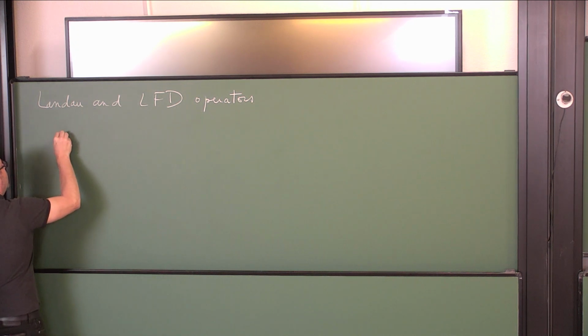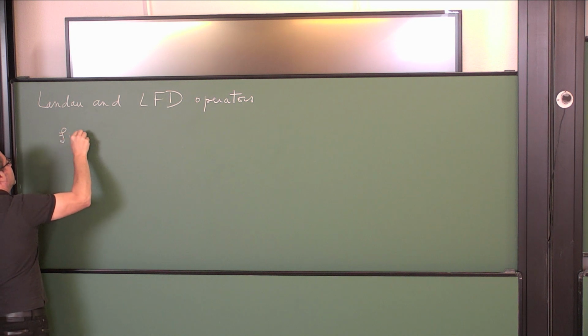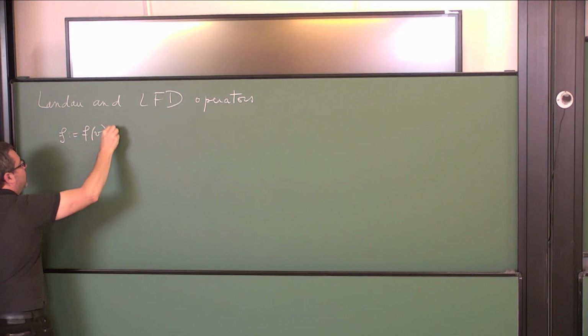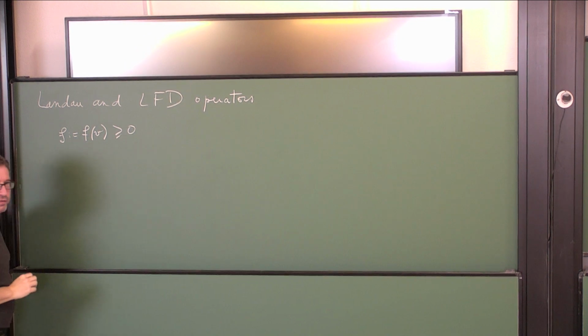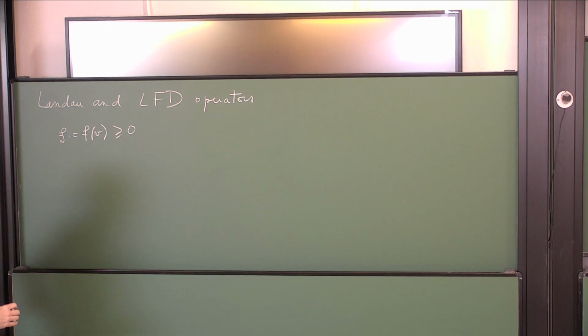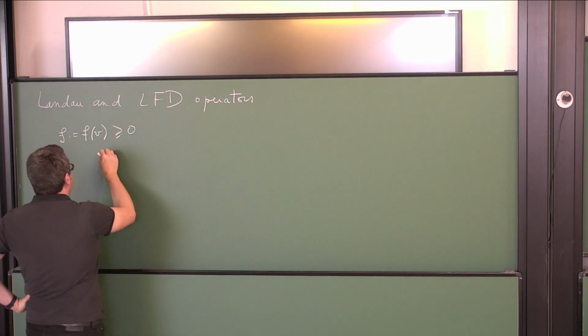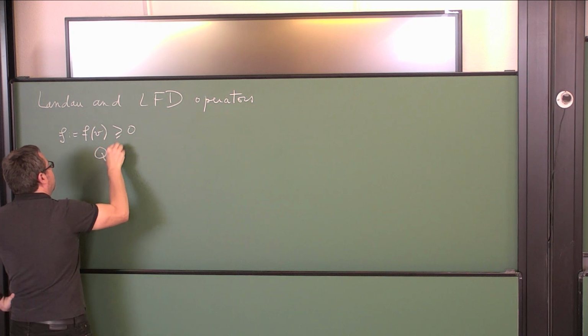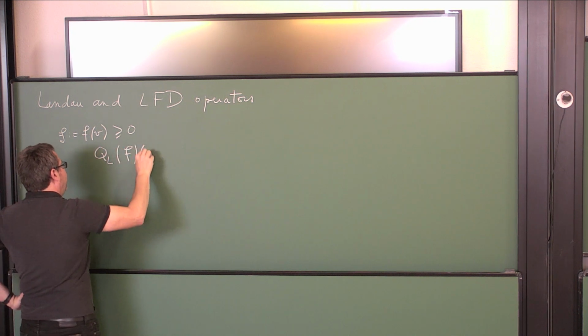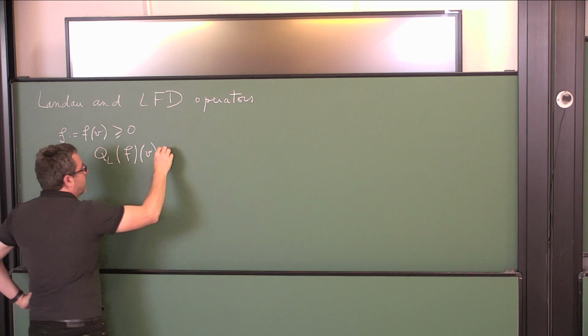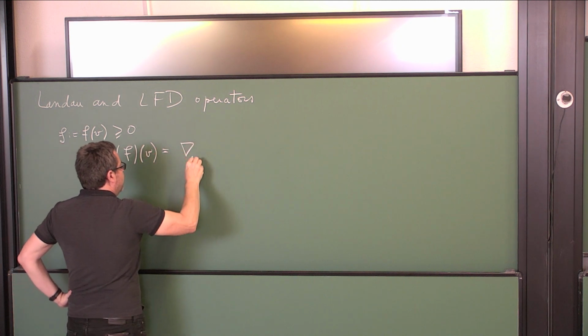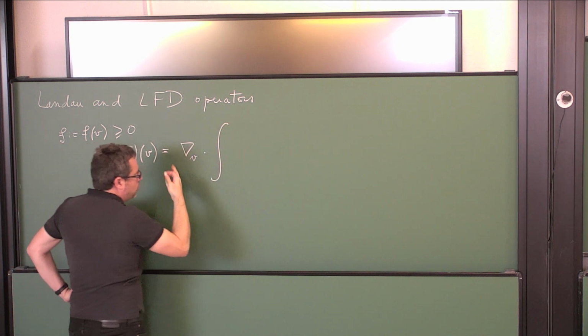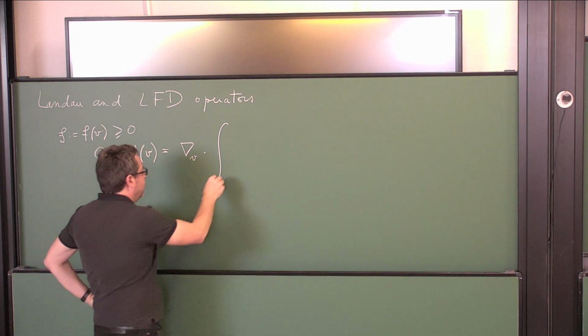So if you look at the density of particles which have velocity v, then the so-called Landau operator that I will write as QL of f is an integral operator with a differential part, which I write like this.